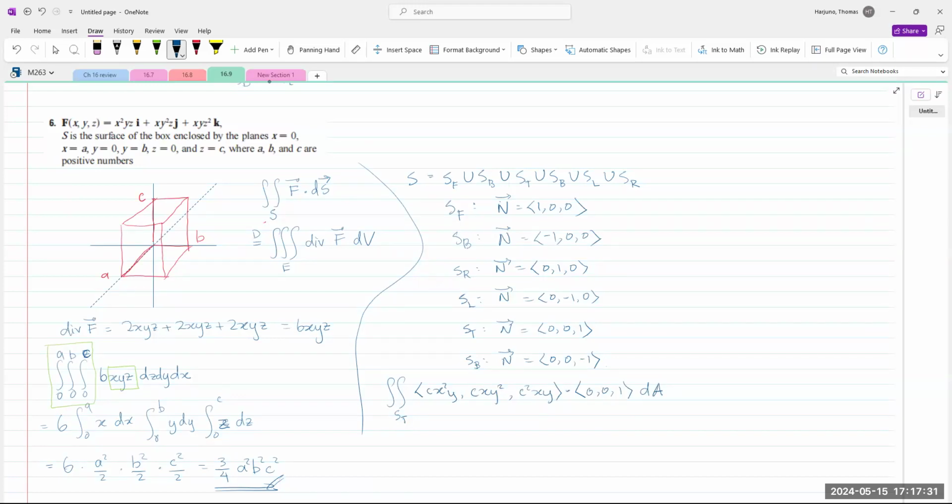So this is basically the double integral over that rectangle from 0 to a and then 0 to b of c squared xy dA, which will give us c squared over 4 a squared b squared.